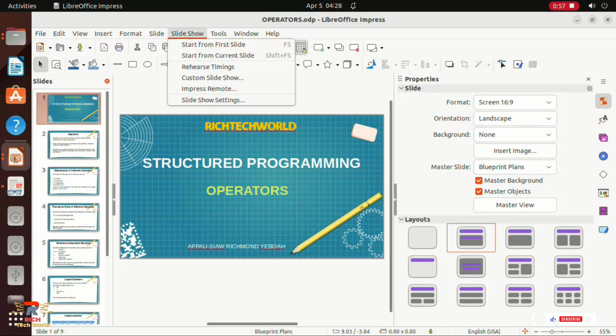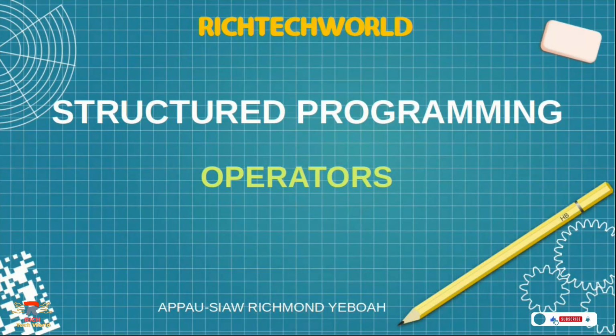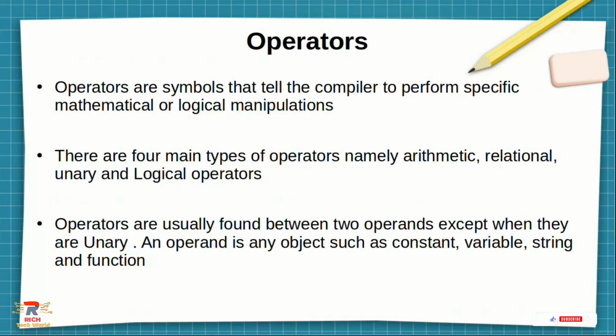Okay guys, so in this tutorial, the first thing I would like you to know is what operators are. Operators are basically symbols that tell the compiler to perform a specific mathematical or logical manipulation.